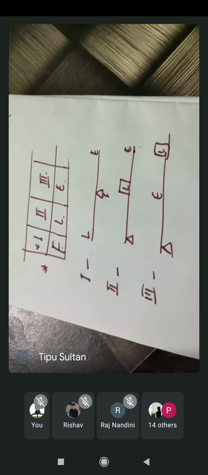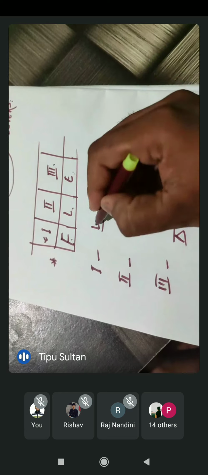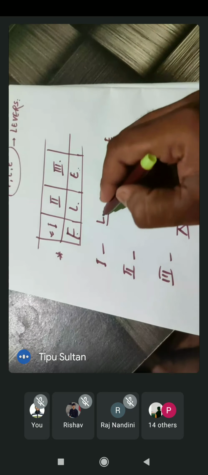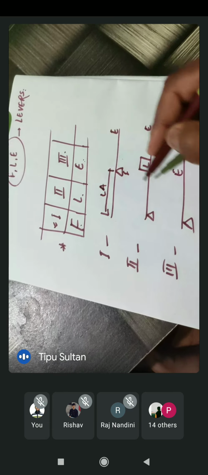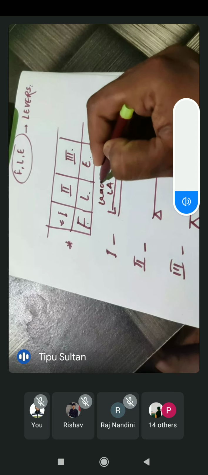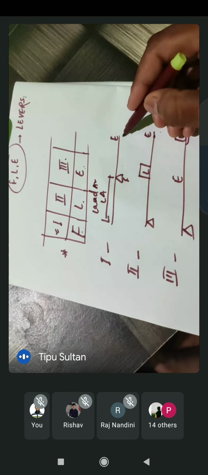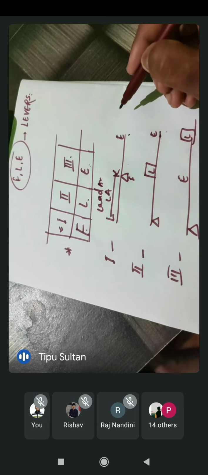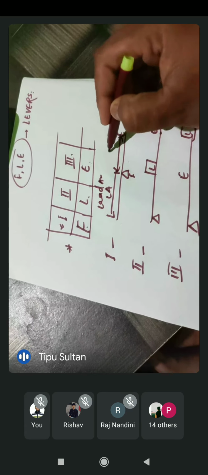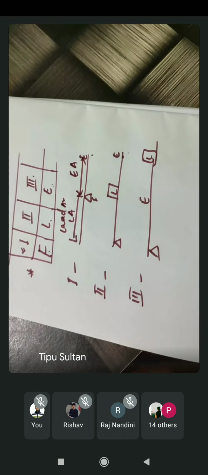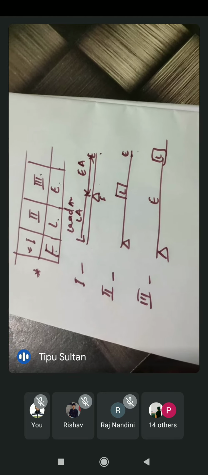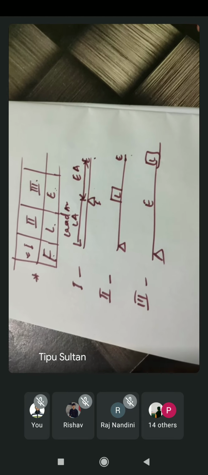Now from here to here, this is the load, so this will be the load arm. And on that side, the distance between effort and fulcrum will be the effort arm. Is that clear? Load arm and effort arm.